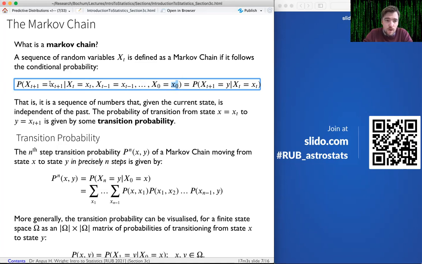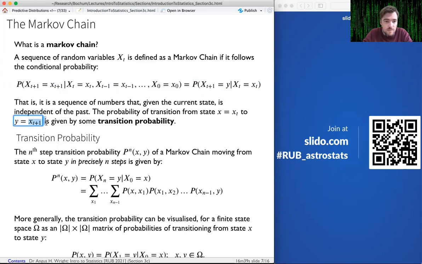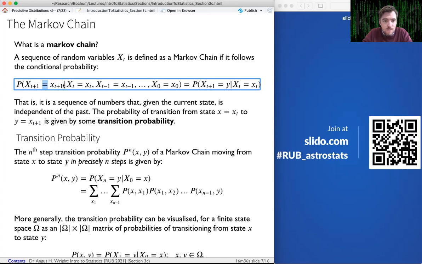So the probability of moving to the state t plus 1, given this whole sequence of previous states, is equal to the probability of moving to x t plus 1, given that you are currently at x t.